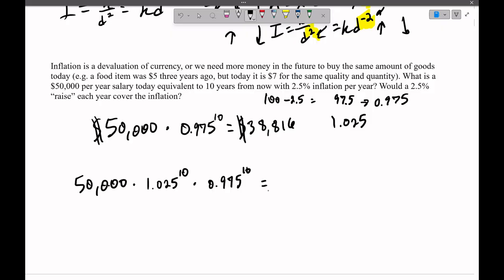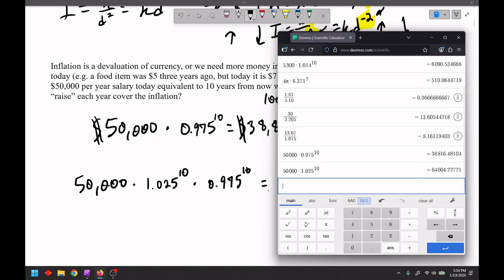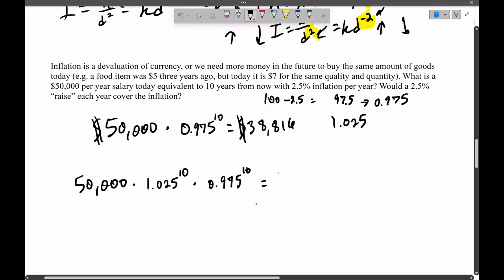If your answer is the same amount, well, we can check it with the calculator, right? $50,000 times 0.975 to the power of 10 times 1.025 to the power of 10. And you can see we actually have less money than we started with: 49,688.